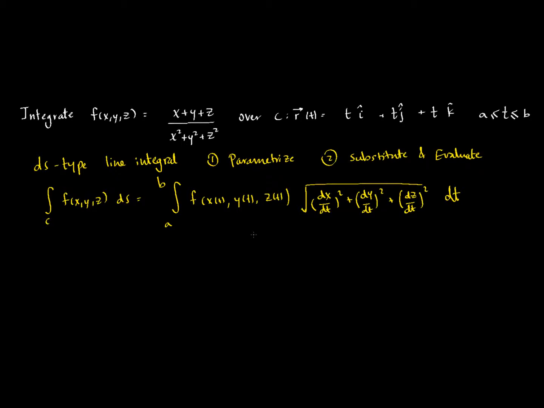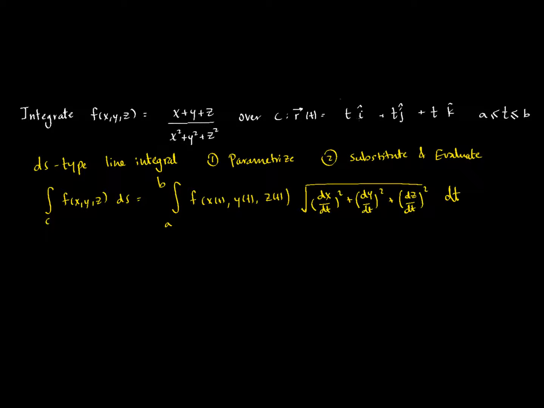Okay, so for this specific problem we don't have to worry about step number 1 because we're already given the parameterization of the curve. We just need to find the values and substitute into the integral.